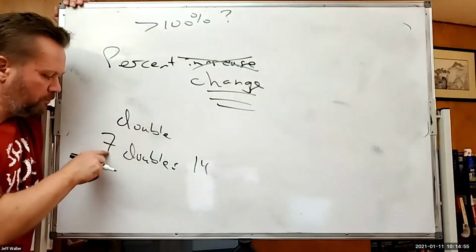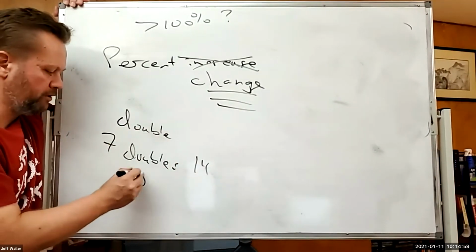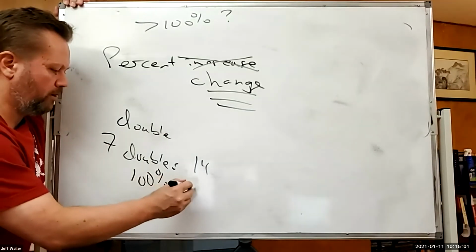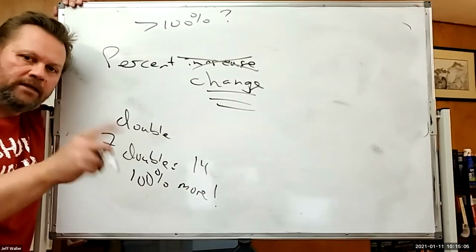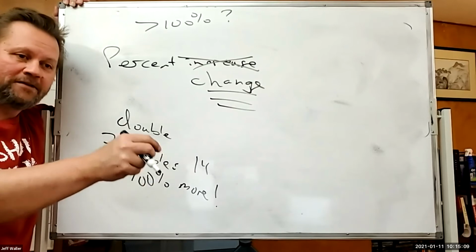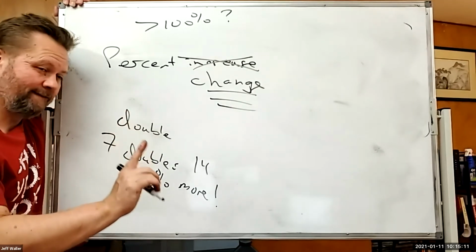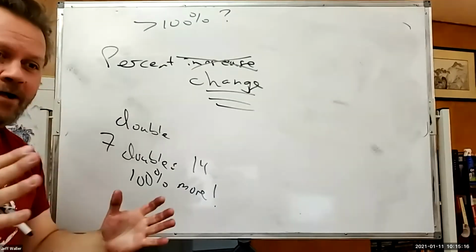Isn't it 100% of what it was added on top? That would be 100% more. That would be a 100% increase, means double. So a 200% increase means triple. Okay, that's enough.